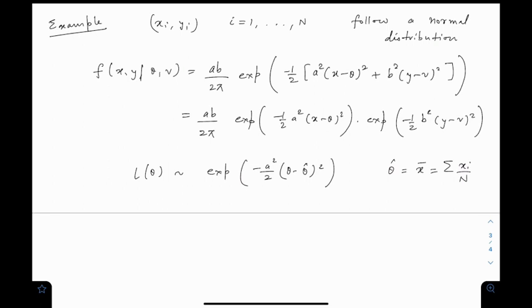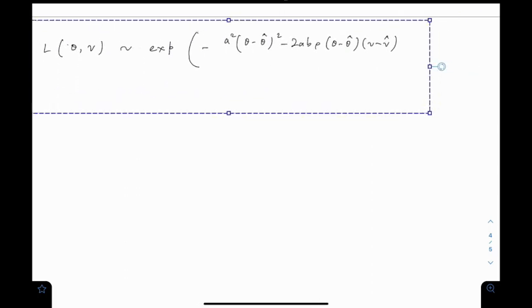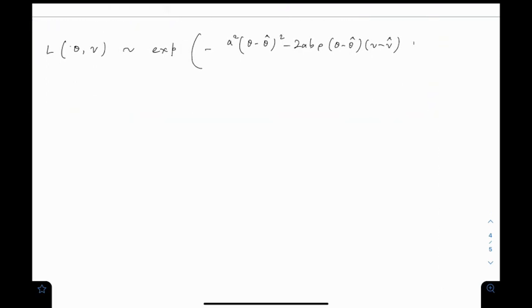Let's say we have a Gaussian likelihood, which is proportional to exponential of minus a square (theta minus theta hat) square minus 2ab rho (theta minus theta hat)(nu minus nu hat) plus b square (nu minus nu hat) square.